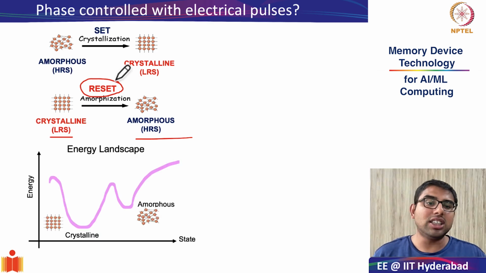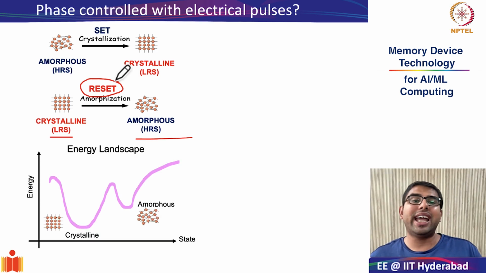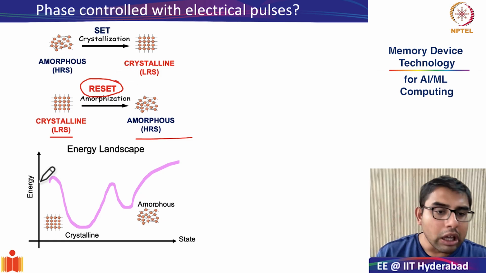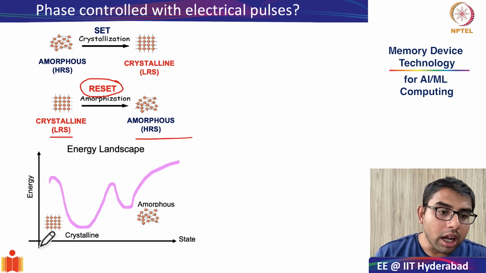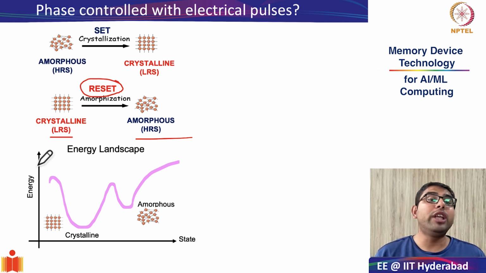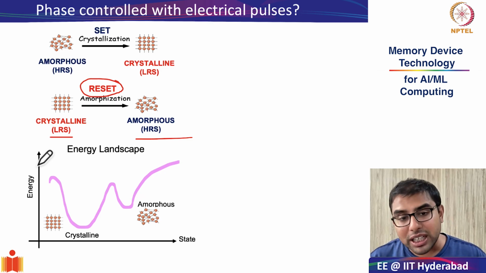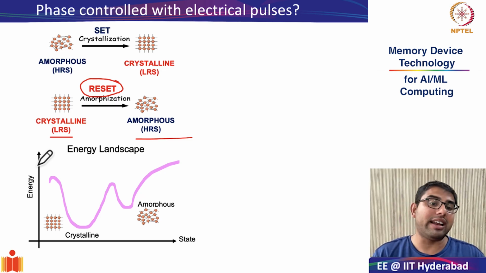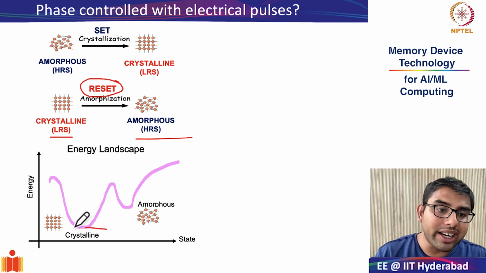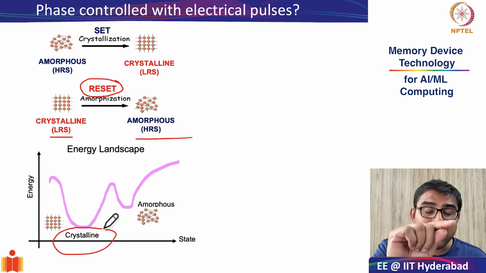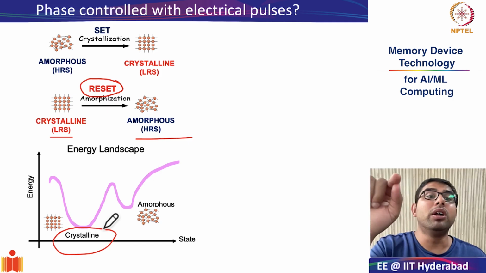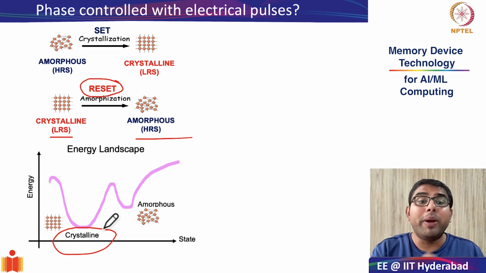To understand this, we need to look at the energy landscape of the crystalline and amorphous phases. On the x-axis, we have different states, and on the y-axis, we have the energy configuration of these states. As we have been studying in our basic physics lectures, a solid forms a crystalline lattice because that is the global minimum of the arrangement of atoms.